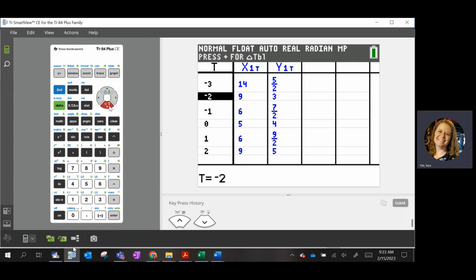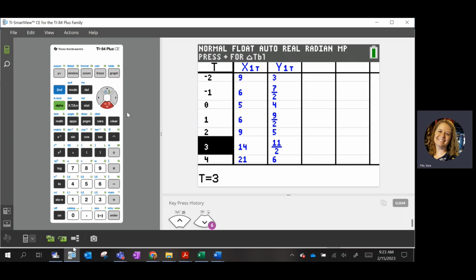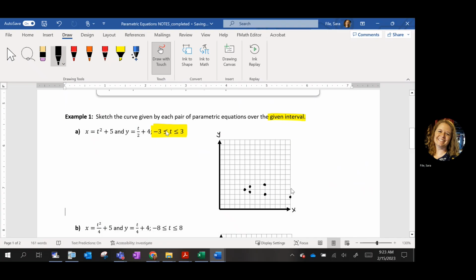And then when t is positive 3, 14, 11 halves, which is 5.5. So 14, 5.5.